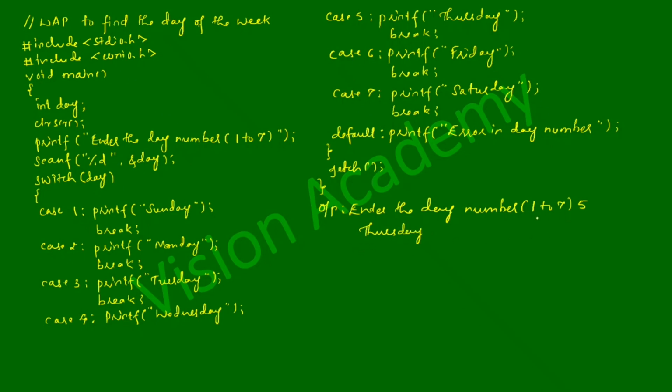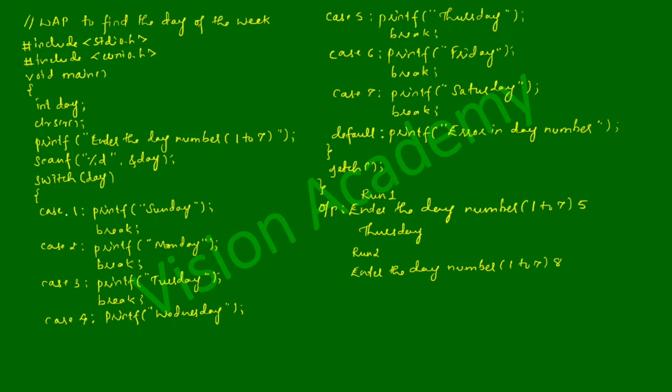So even after providing this information that the user has to enter 1 to 7, if the user enters any other number other than 1 to 7, let us consider this is run 1 and next is run 2. Once again we are going to execute this program. Once again it is going to ask the user to enter the day number between 1 to 7. So what is going to happen if the user enters 8?